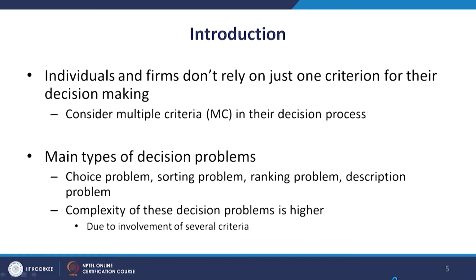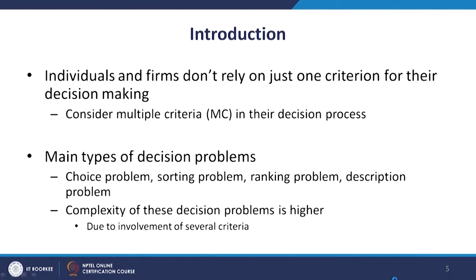Now, we look at the main types of decision problems that we have to face. So, there are choice problem, sorting problem, ranking problem and description problem. There are other types of decision problems as well, but these are the more common types. So, given these types of decision problems and the involvement of several criteria, as we have talked about, the complexity of the decision making process is much higher.